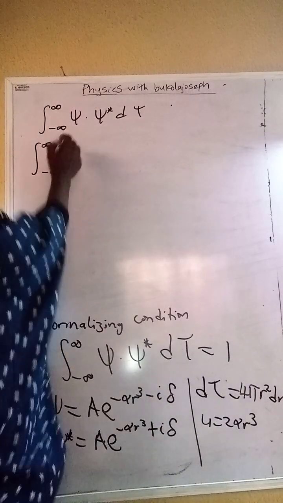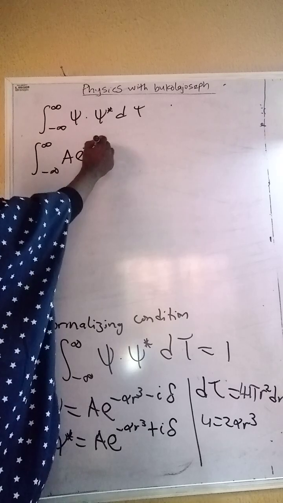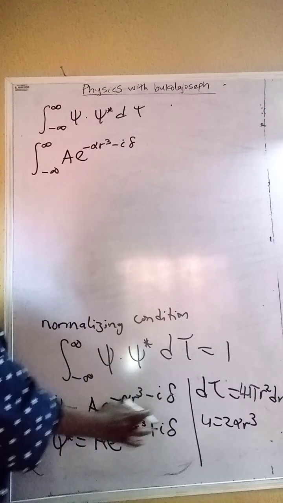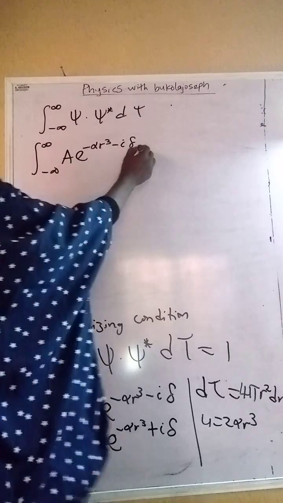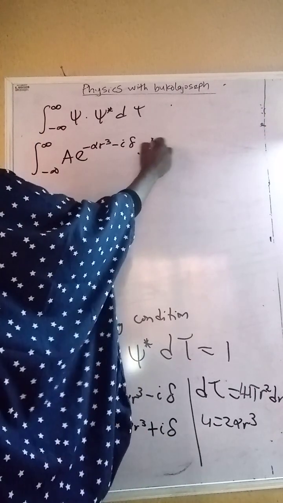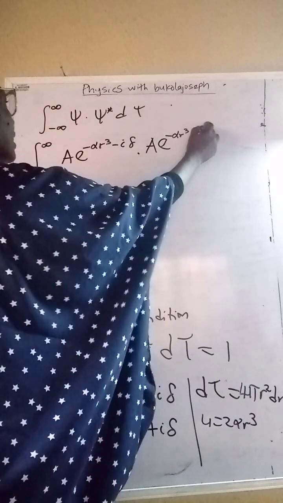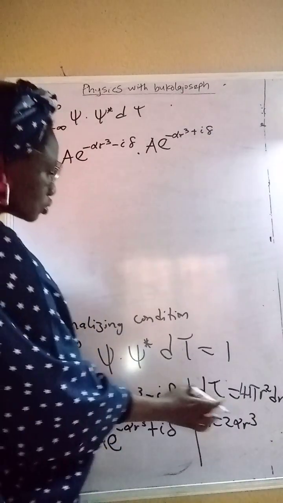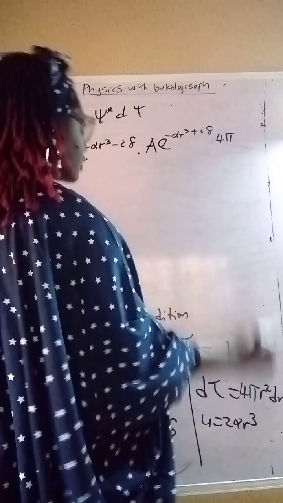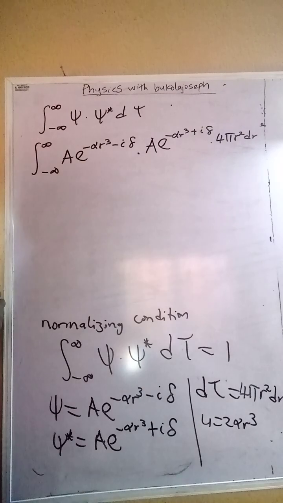Psi is a exponential minus alpha r cubed minus i d. I only recopied what I have here, then times the conjugate, a exponential minus alpha r cubed plus i d, and then dτ is 4 pi r squared dr.